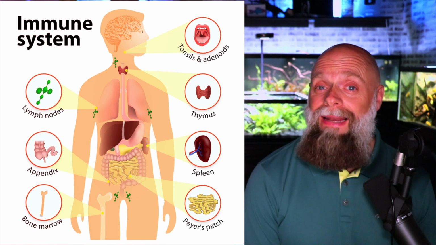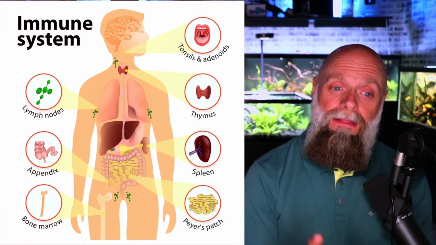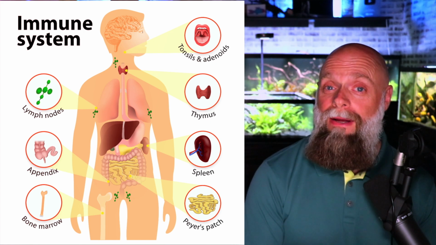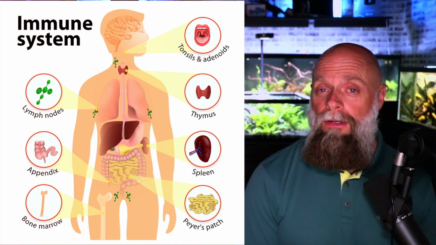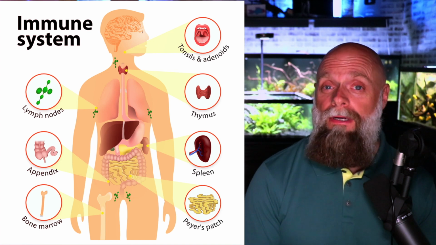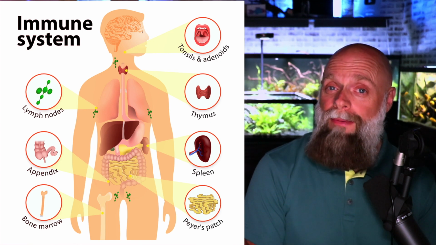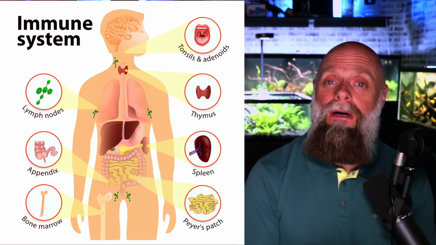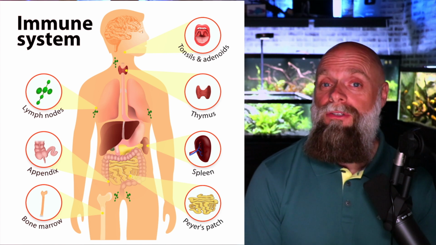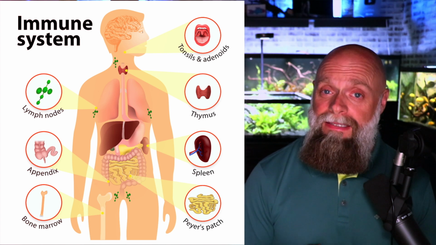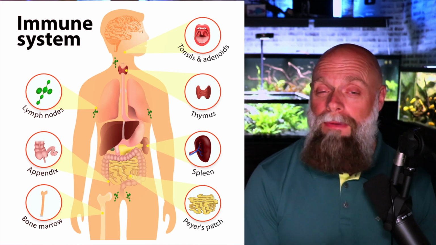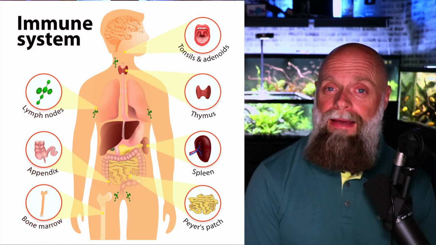Associated with the lymphatic system, we have what are known as lymphoid organs, and we have primary and secondary lymphoid organs. The primary lymphoid organs are your bone marrow and the thymus. The bone marrow and thymus are primary lymphoid organs because that is where the immune system cells originate. B cells mature in the bone marrow and T cells mature in the thymus.